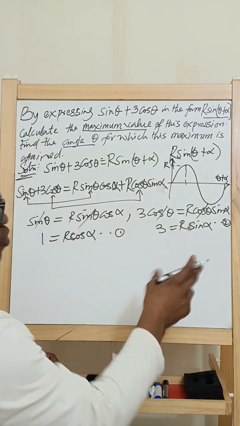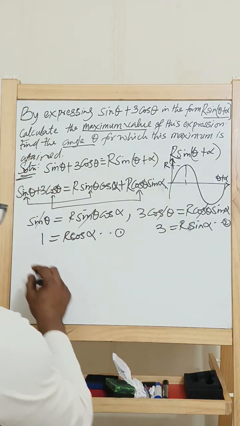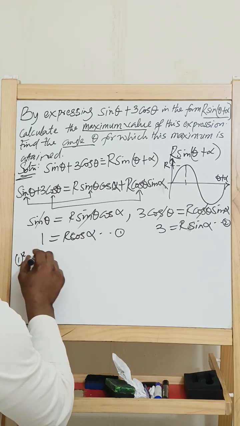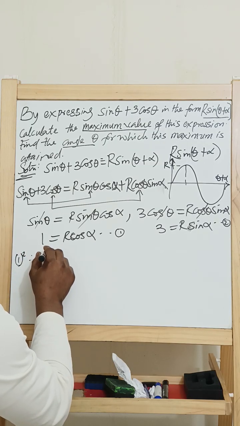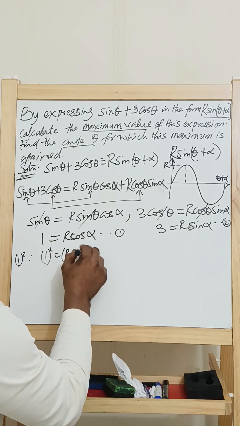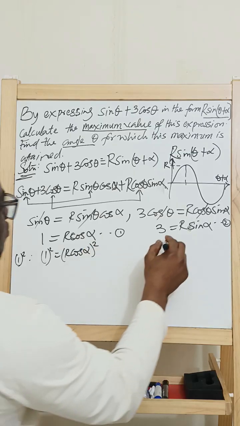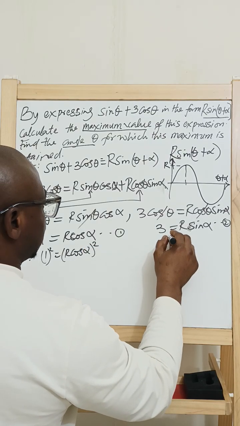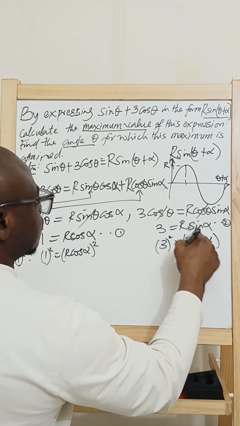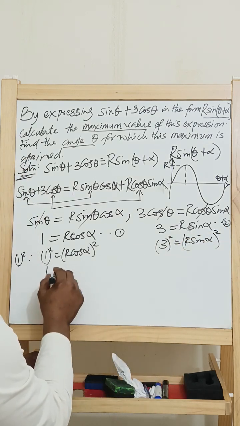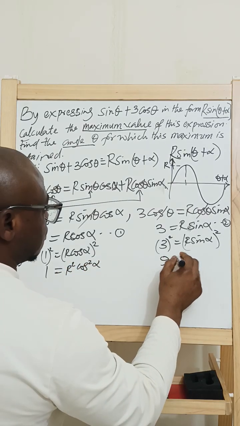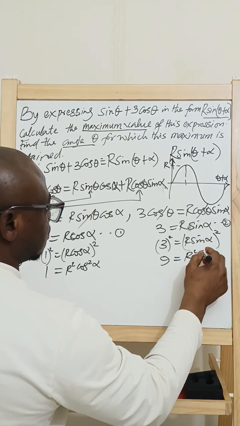If we square equation 1 and equation 2, we get 1 squared equals r squared cos squared alpha, and 9 equals r squared sine squared alpha.